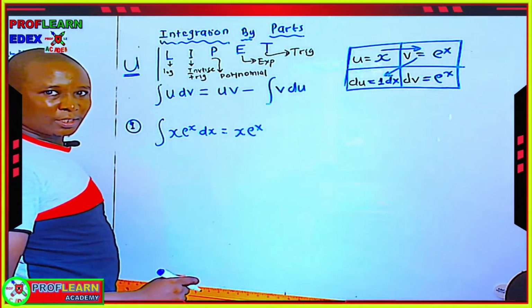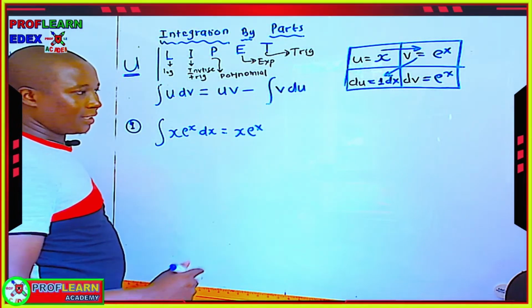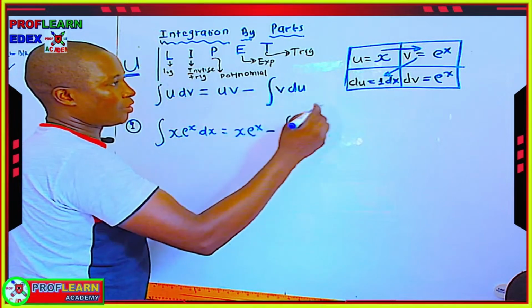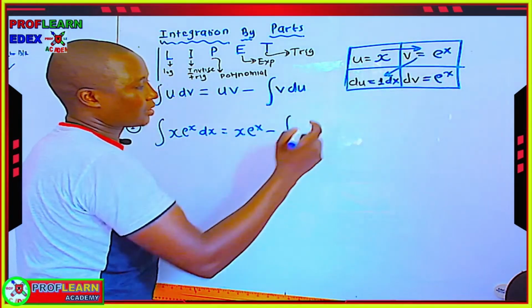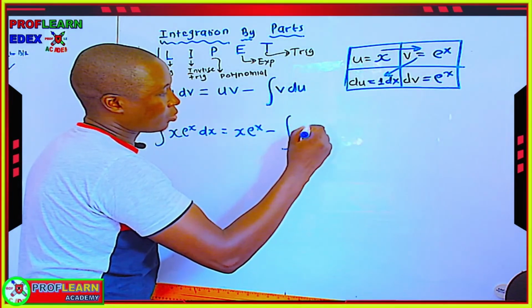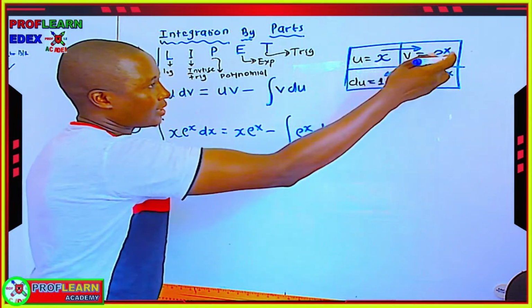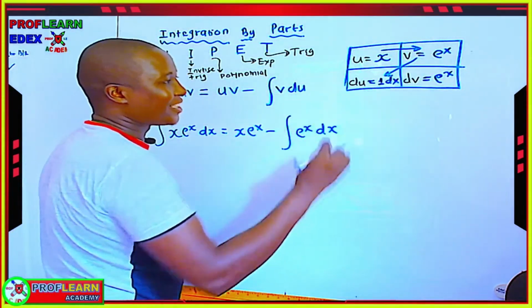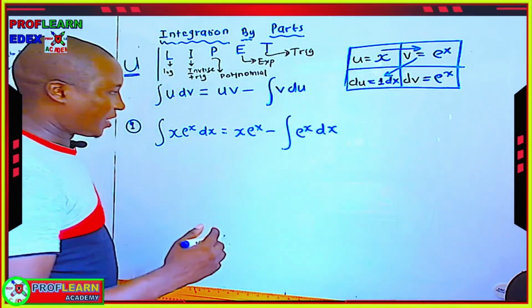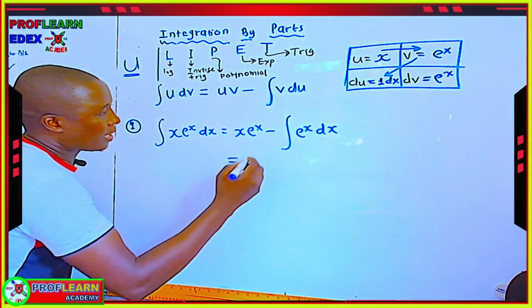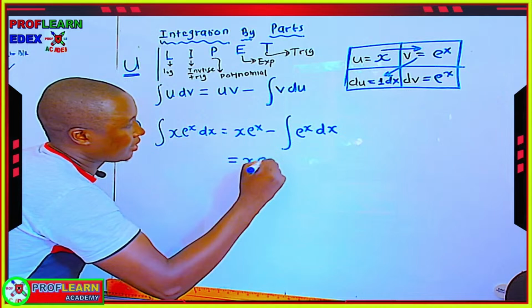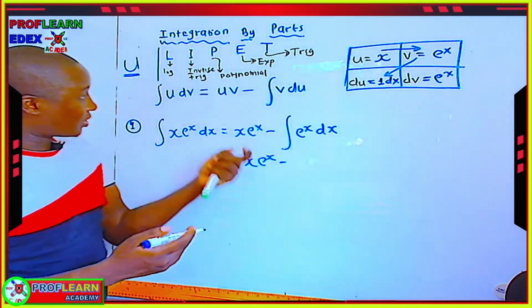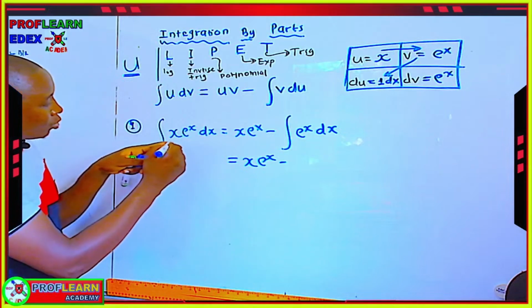So I will subtract integral of e to the x times 1, which will be e to the x dx. So once you've done that, you can see we are having x e to the x minus this, but integrating this now, you see it started with two terms here.